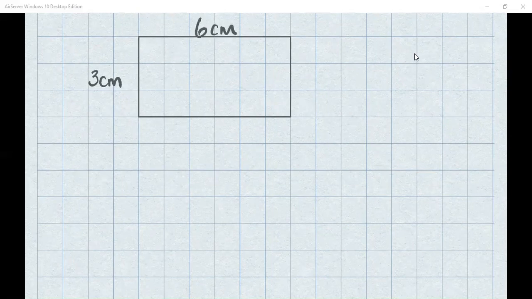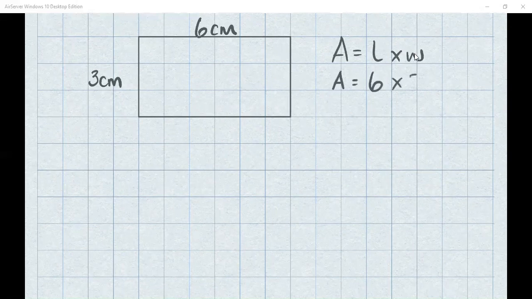Now I need to find the area of this rectangle, and I know from before that if I have the length times by the width, that will give me the area. So I've got 3 lots of 6s. I've got rows of 6 and I've got 3 of them: 1, 2, 3. So this means that my area is going to be the length times by the width.